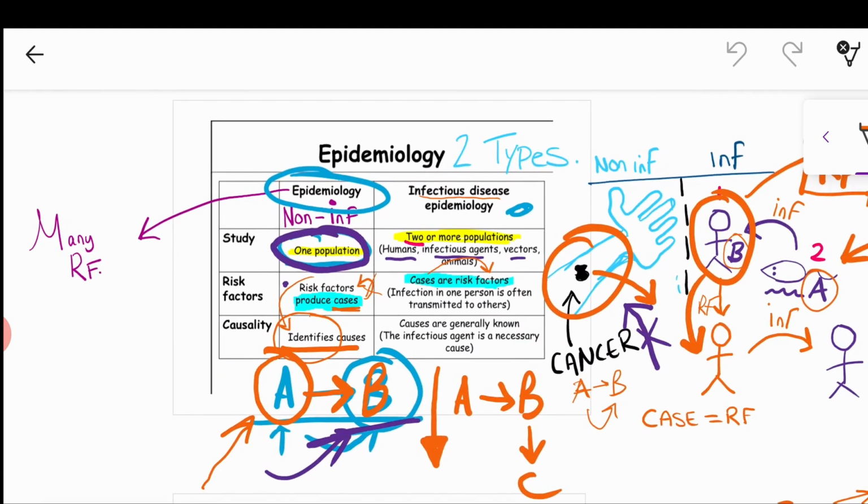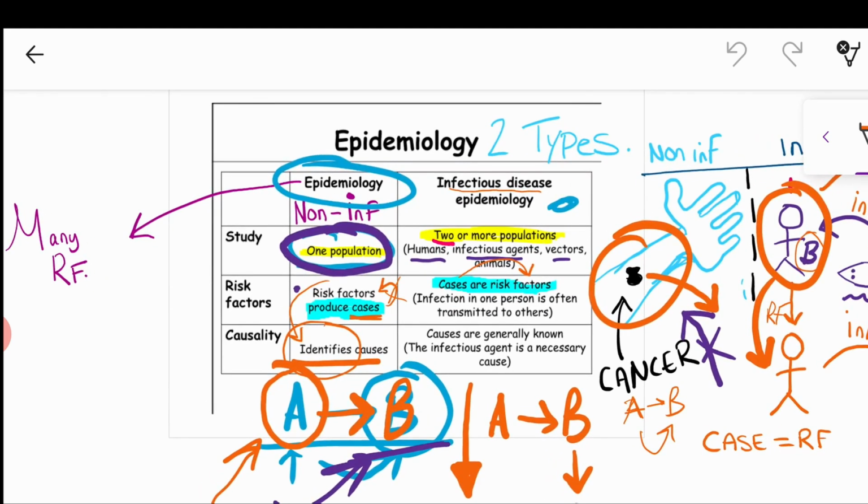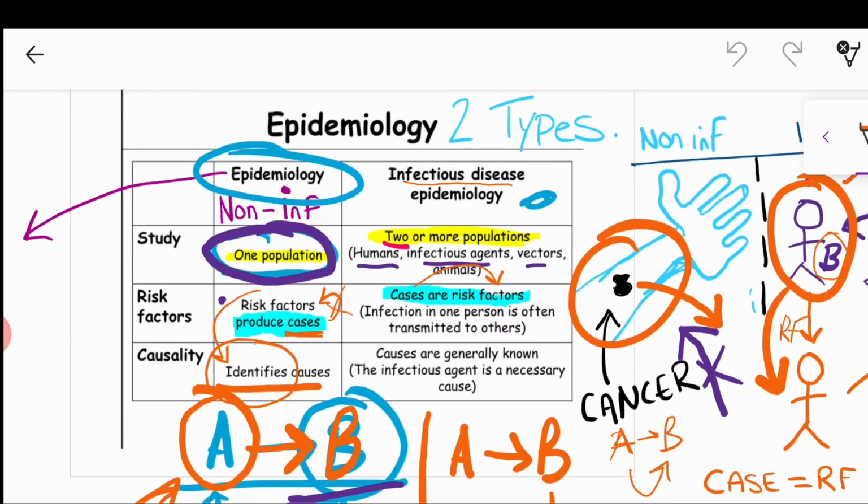Okay. Now, with epidemiology, you have two types of epidemiologists which study epidemiology. First, you have the epidemiologists that focus on non-infective epidemiology, and secondly, we have epidemiologists that study infectious disease epidemiology.